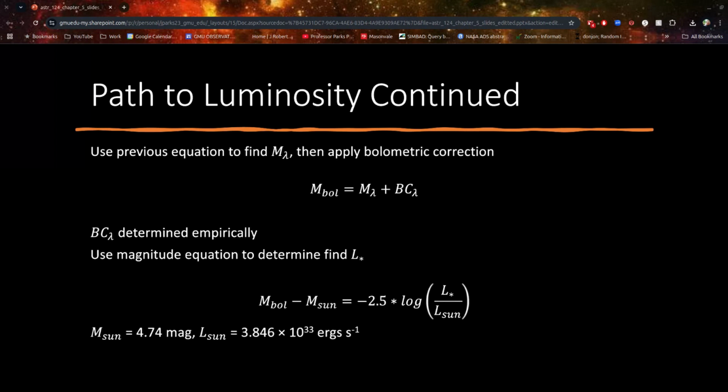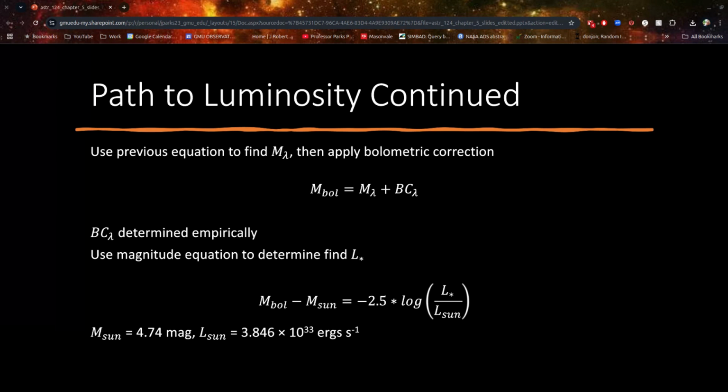Once you've gotten the absolute magnitude of the star, you would need to know what the distance of the object is, you would need to know the absorption coefficient, or at least have a very good rationalization as to why you did not include that in your calculations. You can get the absolute magnitude. Now, you can get the bolometric absolute magnitude using this simple equation.